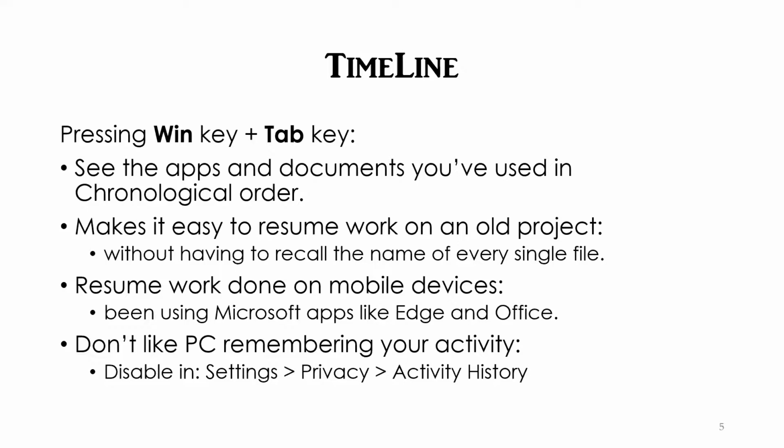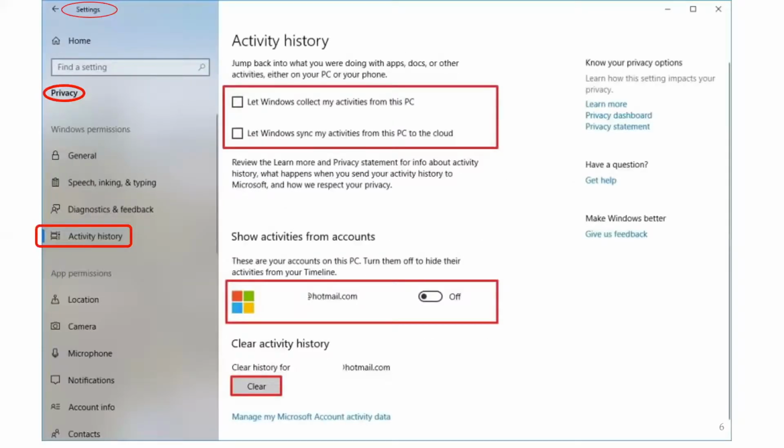So if you don't like Timeline, you can go into settings, privacy, activity history, and you can turn it off. So here we have a screen of settings, and I'm in privacy, and I go down to activity history, and now I can set up what my activity history is going to look like, and I can clear it.